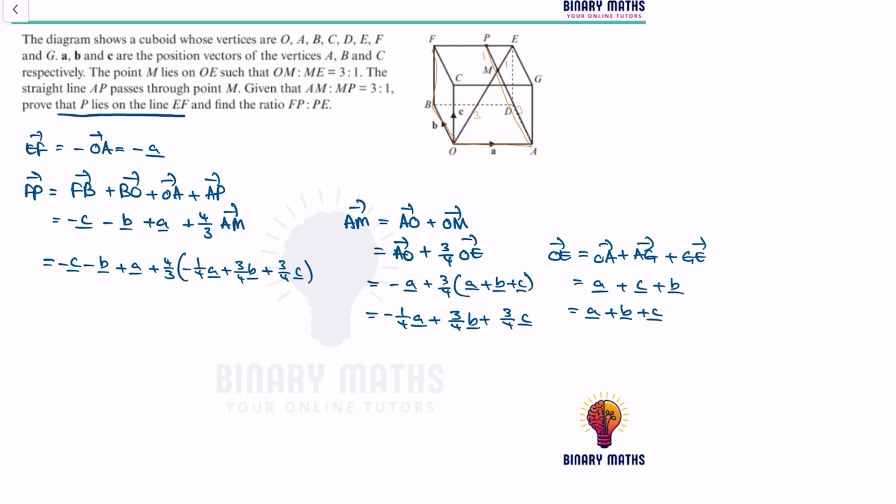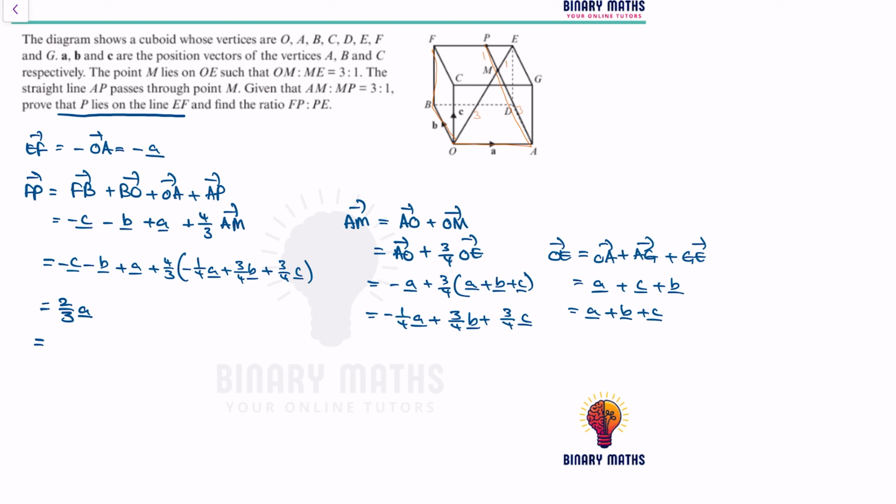So I get positive A minus 1/3 A, which is equal to 2/3 of A. Got minus B plus B, which disappears, and minus C plus C, which disappears.